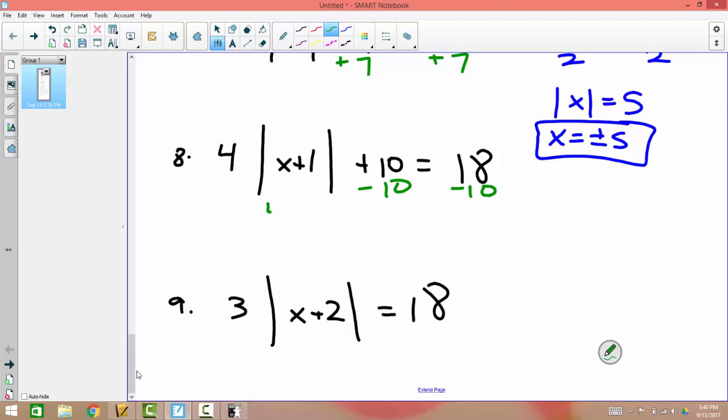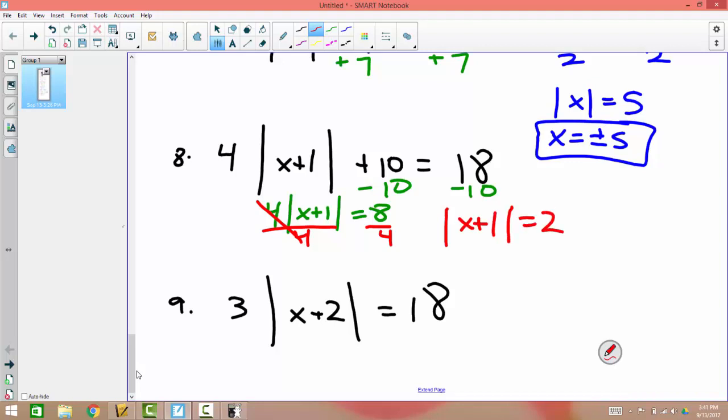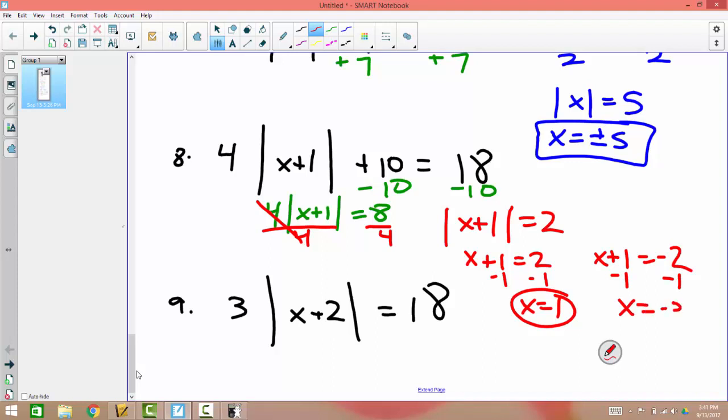So now you have 4 absolute value of x plus 1 equals 8. The second step would be to divide by 4. Now you have absolute value of x plus 1 equals 2. So now you have your two problems, x plus 1 equals 2 and x plus 1 equals negative 2. So your two solutions are 1 and negative 3.